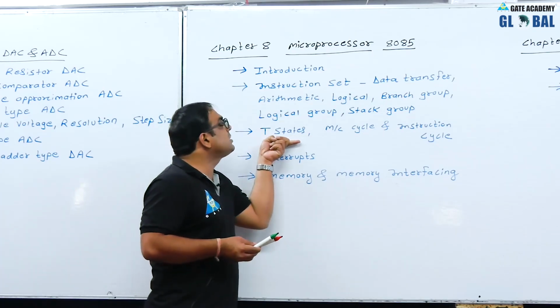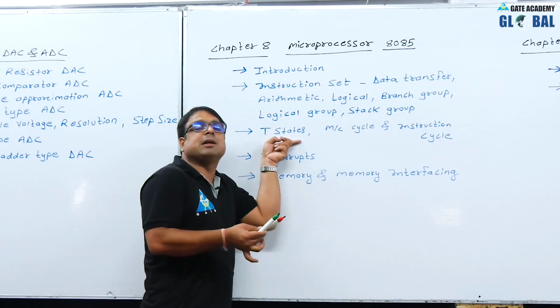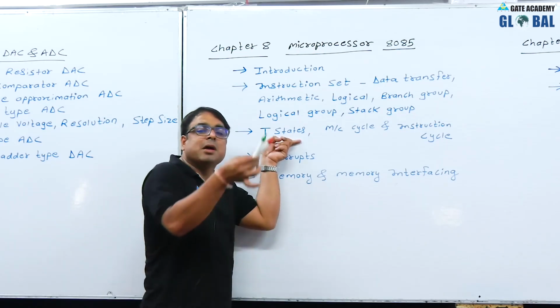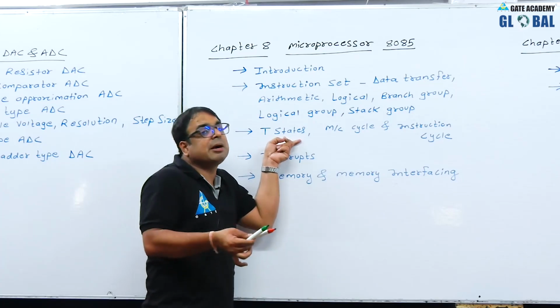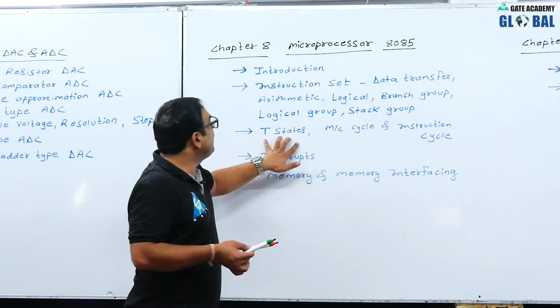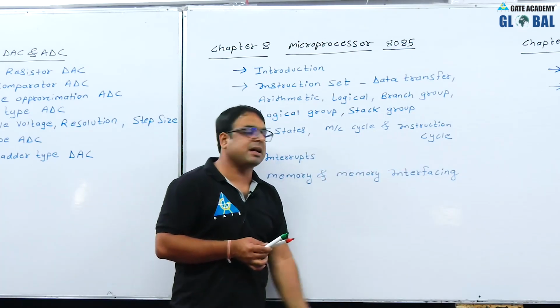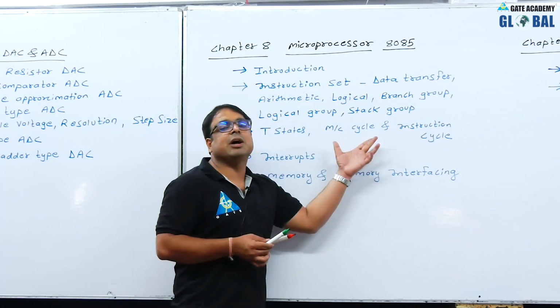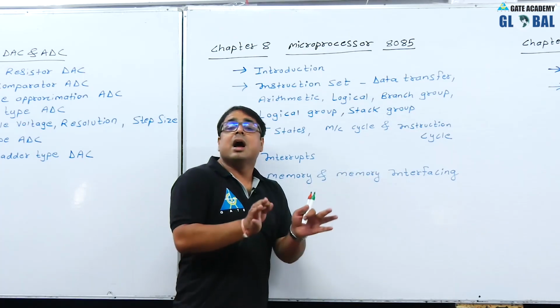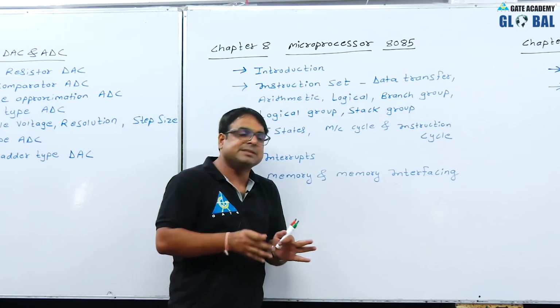Then immediately next we are going to discuss the timing issues. How much time a particular instruction takes, or how much time a program will take for the complete execution, which we will discuss in the topic T states, machine cycle and instruction cycle. Obviously this also again we are going to study in detail how to count time of any instruction or the complete program.